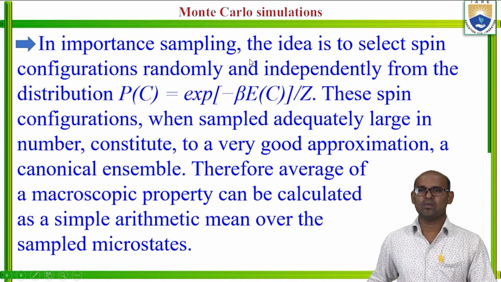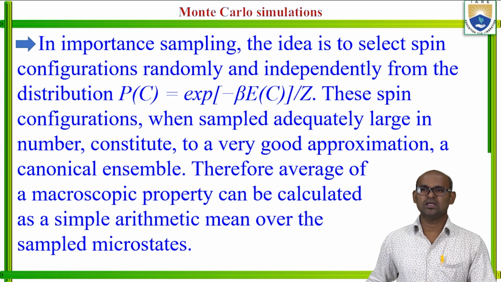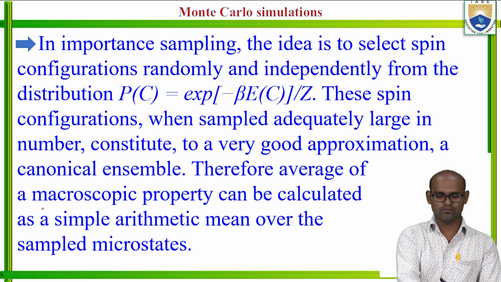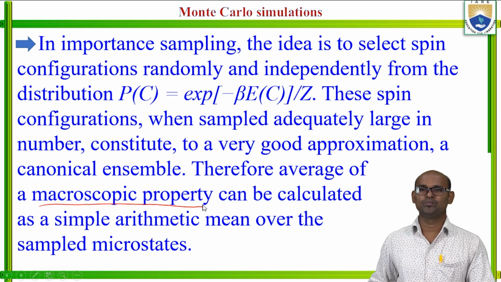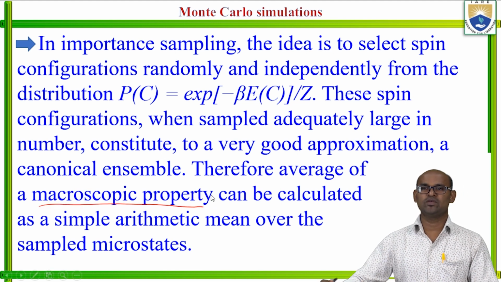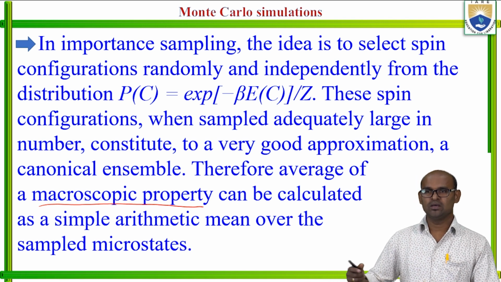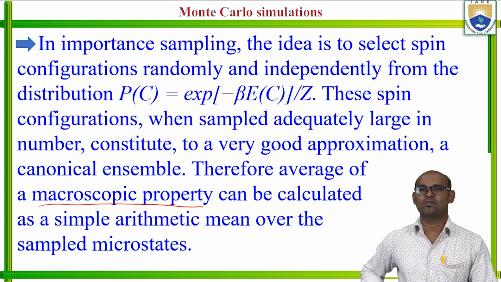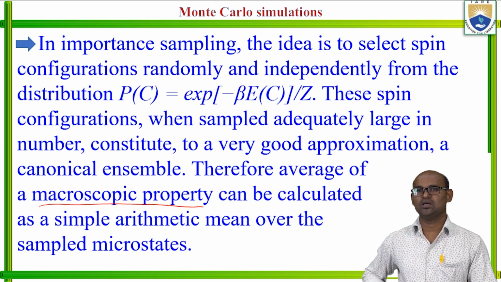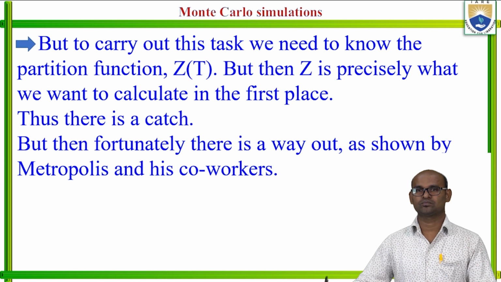The number of microstates sampled should be adequately large, and when we calculate the macroscopic property from this ensemble as a simple arithmetic average, it will be much better, and the fluctuations associated with this macroscopic property will be very small compared to the property calculated using the analog Monte Carlo technique.